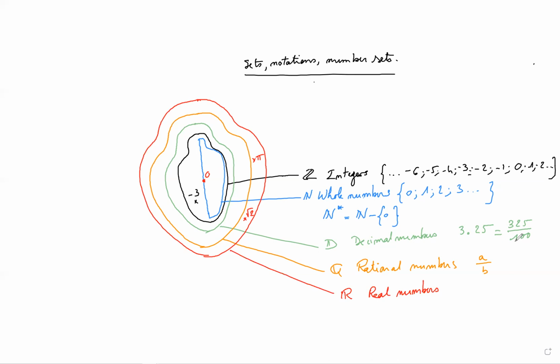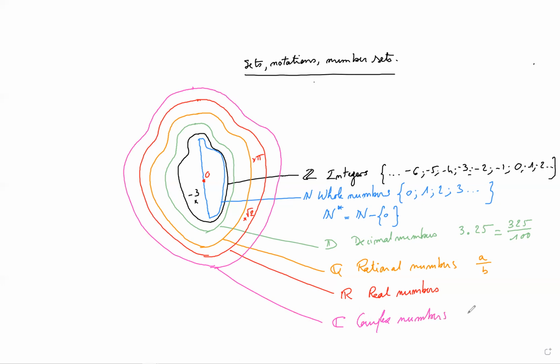If you have heard about it, but you won't use it immediately, you have a bigger set here. You always have a bigger set around the last set you saw in any course in mathematics. You have a bigger set here, which is the complex numbers. So you have a real number plus i times another real number. So a is a real number. Here I use this notation, is an element of, because a is a number, it's an element, and R is a set.